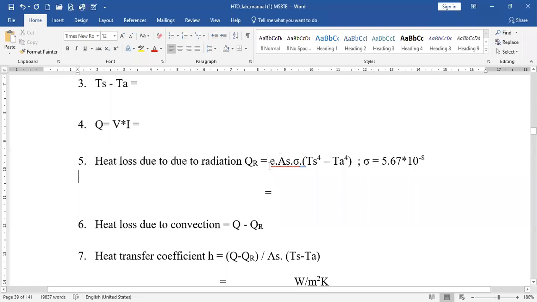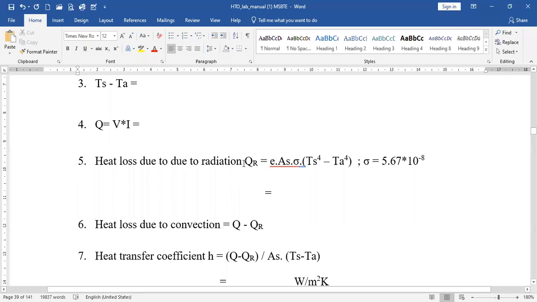Radiation is the phenomenon where there may not be any medium, and the heat transfer takes place with the help of electromagnetic radiation. And the rate of heat transfer by radiation can be calculated with the help of the Stefan-Boltzmann law. This Stefan-Boltzmann law states that the rate of heat transfer is proportional to the temperature raised to the power 4.